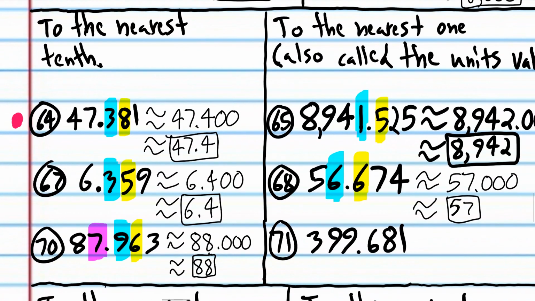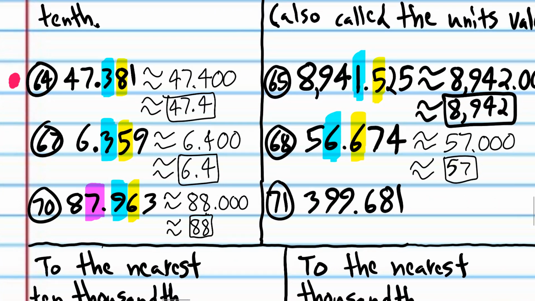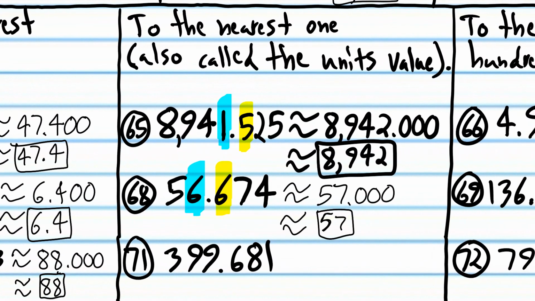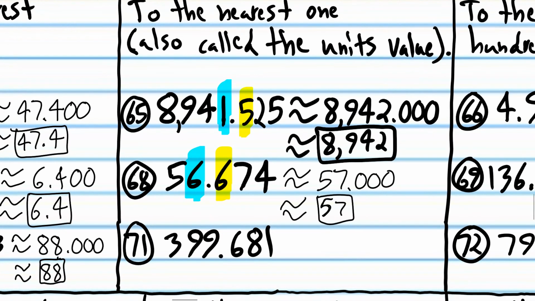All right, so now we'll try 71. When you go and attempt that one, and when you come back, we'll do it together. All right, we're back. Here's the ones place. The 6 tells us to round up, so we're going to round this 9 up, but it's already a 9, so we have to go to the next number.